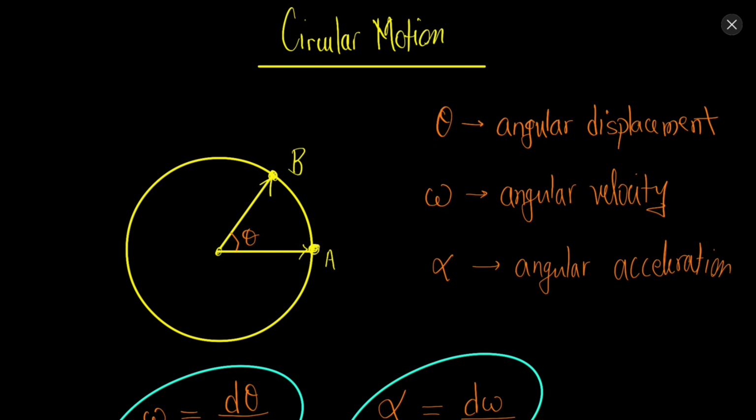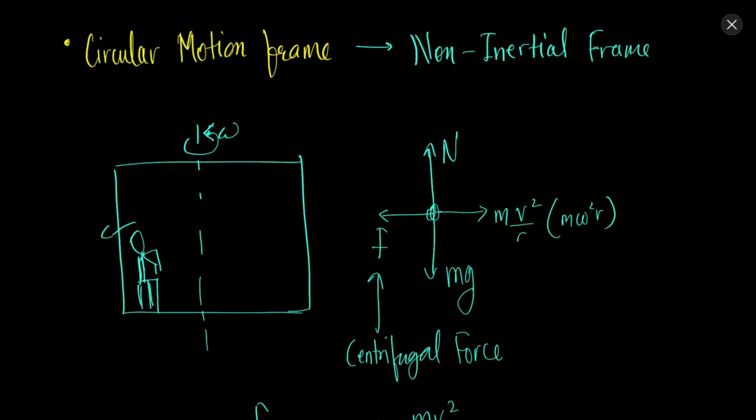Sometimes when you first see all these terms it is quite confusing, but gradually as you study them it will become clear. So this ends the circular motion chapter, and from the next chapter we'll start work and energy, and after that rotational motion will be there, which is related to the terms we have discussed in circular motion.